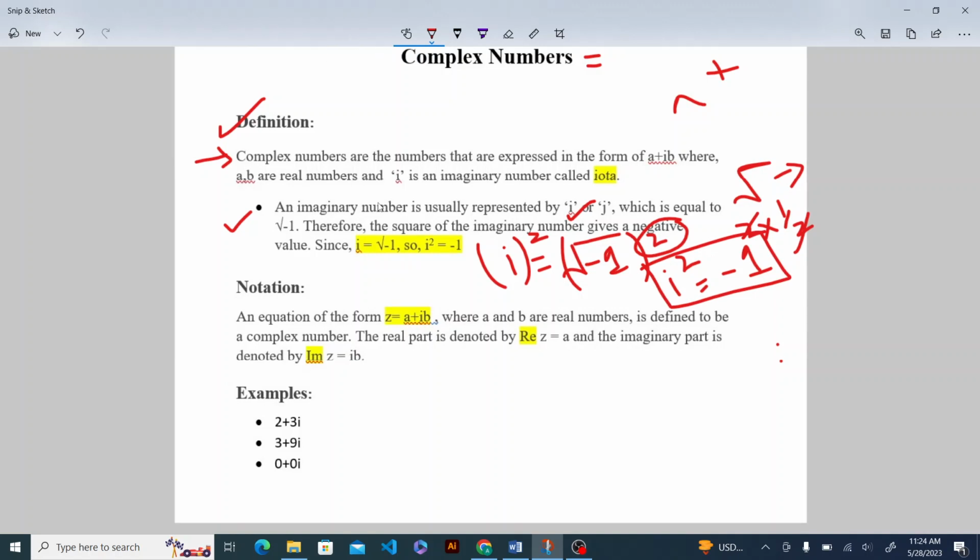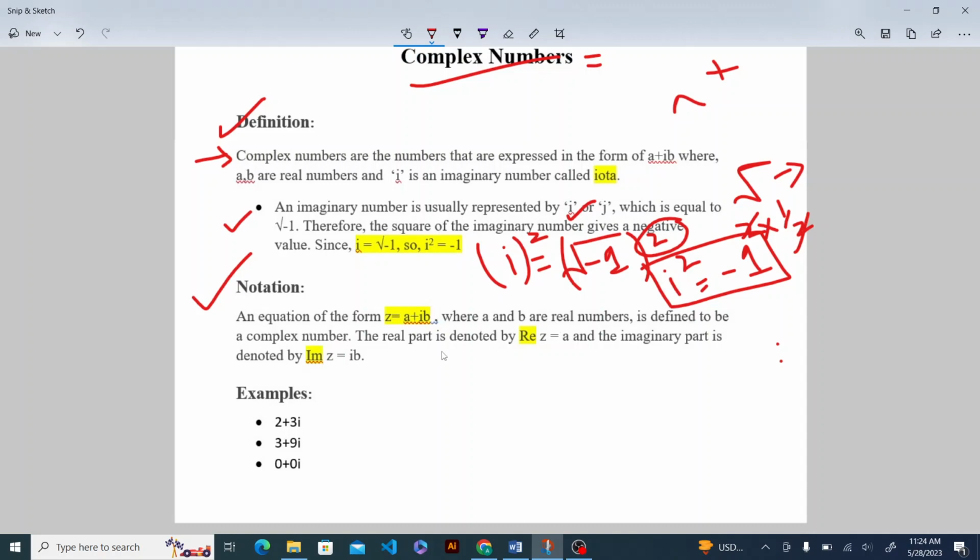Now let us move forward and see the notation for complex numbers. The notation is simply the representation, like how we generally represent complex numbers. An equation of the form z is equal to a plus iota b, where a and b are real numbers, is defined to be a complex number.